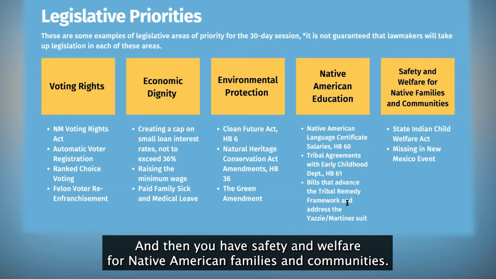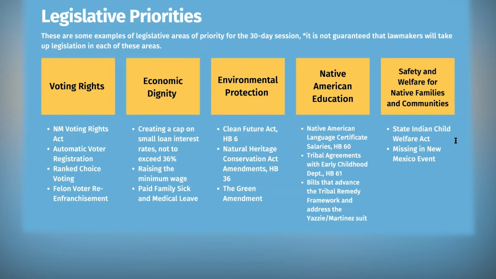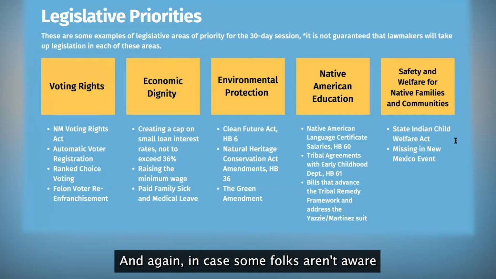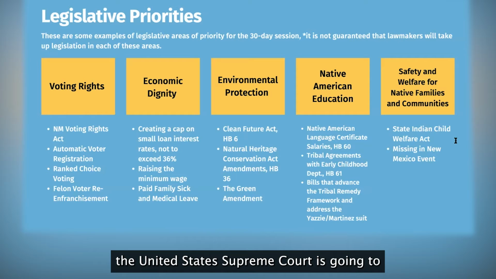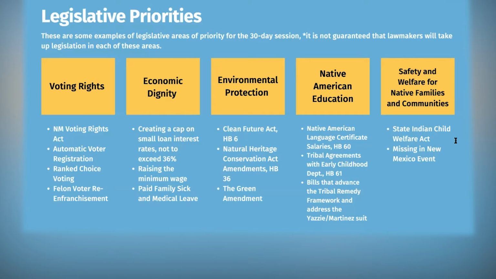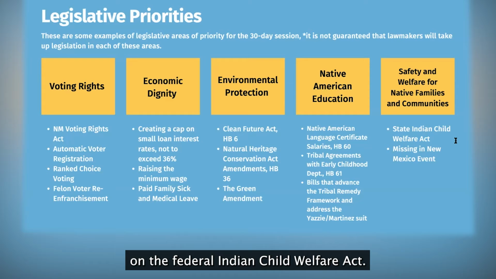And then we have safety and welfare for Native American families and communities. So we will have the State Indian Child Welfare Act. And again, in case some folks aren't aware, the United States Supreme Court is going to, I think, hear arguments pretty soon on the federal Indian Child Welfare Act.